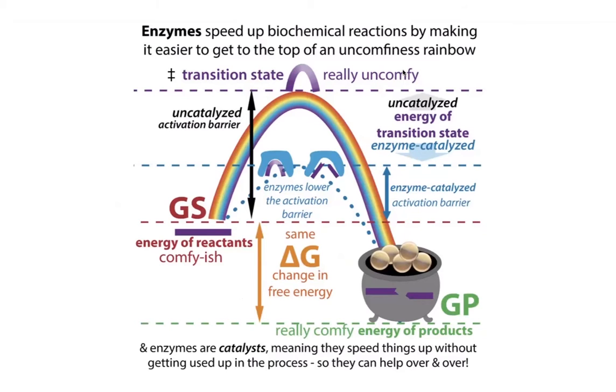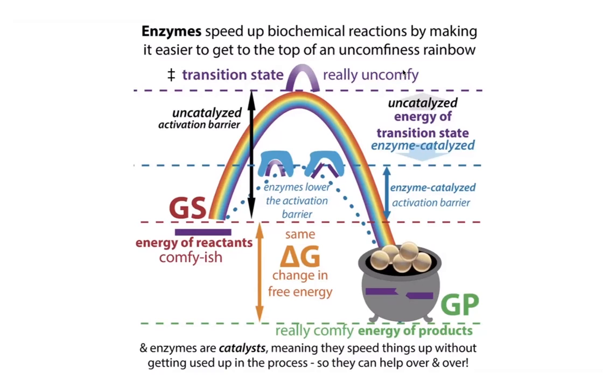Even if it would be much, much happier with that pot of gold, even if it's more thermodynamically favorable to be at that pot of gold, you have to get over the top of the rainbow. And if that rainbow is really, really tall, it's going to be hard to do that. So what an enzyme is going to do is lower the height of that rainbow. It's going to lower the energy of the activation barrier and allow the leprechaun to get to the other side.